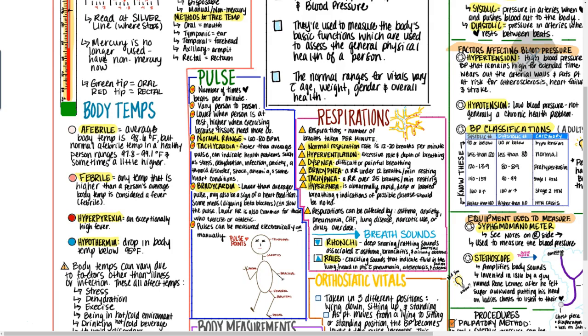It is not atypical for their pulse to be what would normally be considered bradycardic for an average person. So if you get a well-conditioned athlete and their pulse rate is in the high 50s or mid 50s at resting, that is likely because they are a well-conditioned athlete.